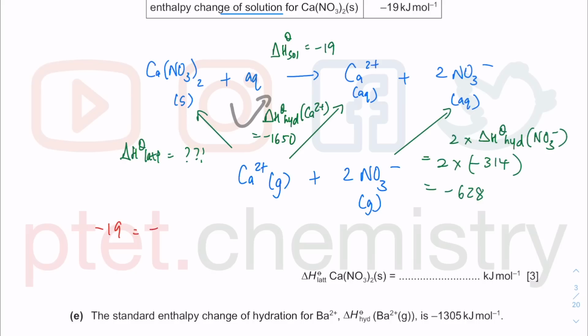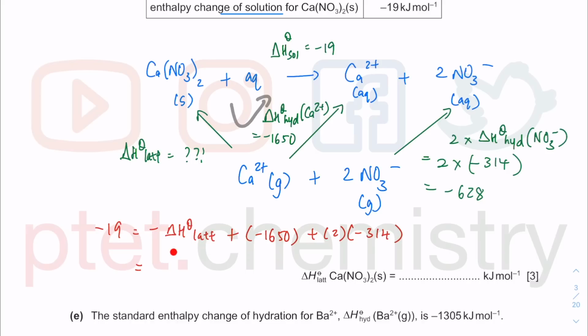So that is minus the lattice, because the lattice was defined as forming 1 mole of the ionic solid from its gaseous ions. So here I'm going opposite that. So there's minus lattice plus the 1650. Again, that is minus 1650, going the same way, so it's adding with that.